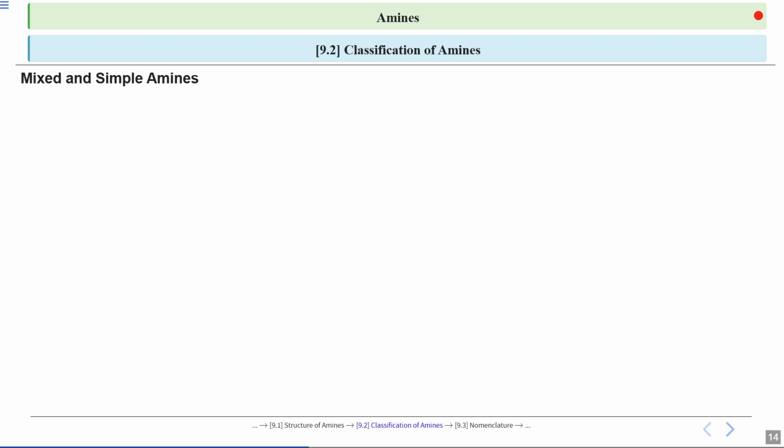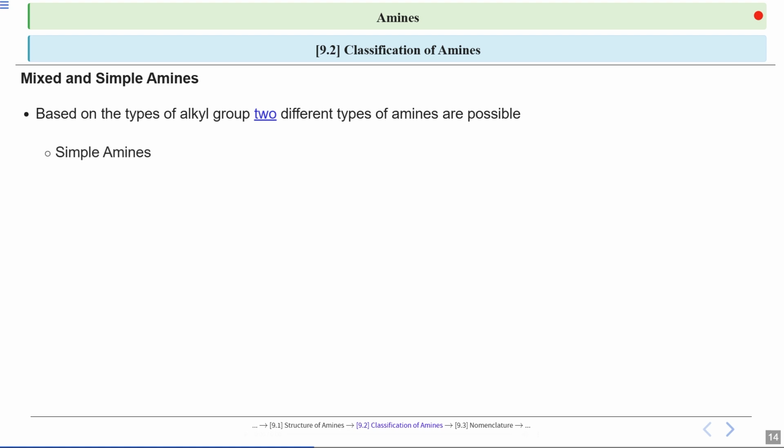Next, we will discuss different types of amines. We will see mixed and simple amines. First, notice that amines can be divided into two main types depending on the kind of alkyl groups attached to the nitrogen. They are mixed and simple amines.